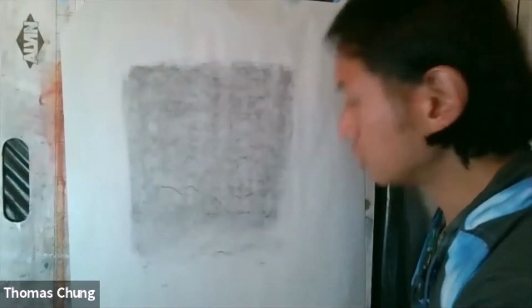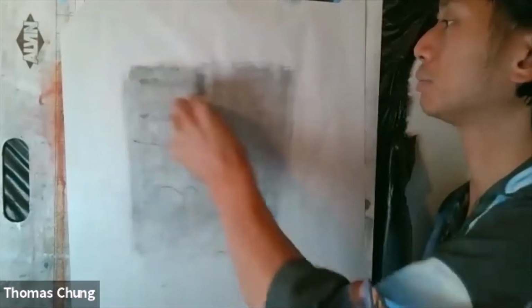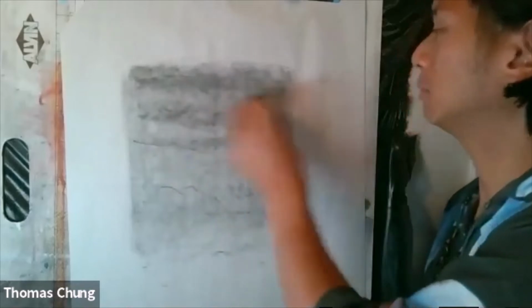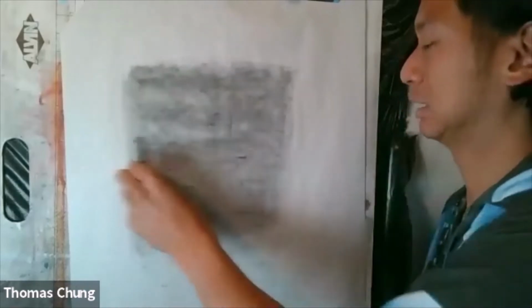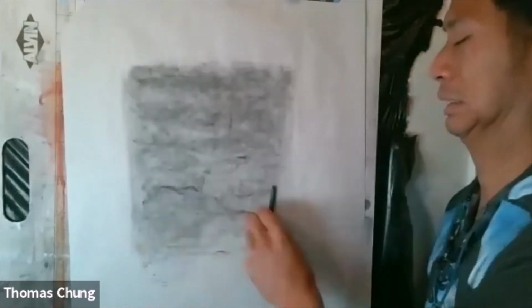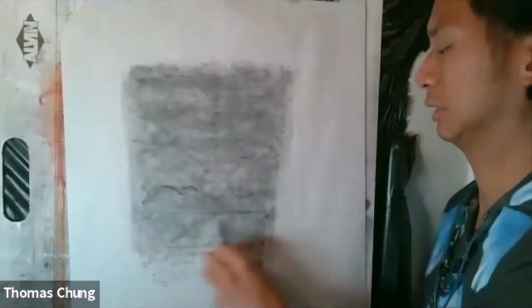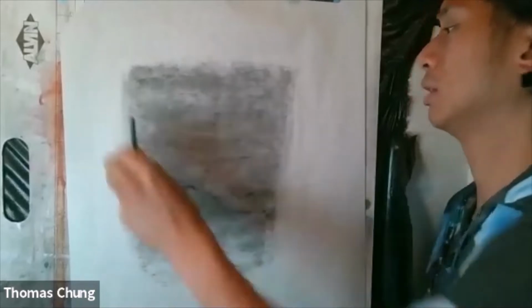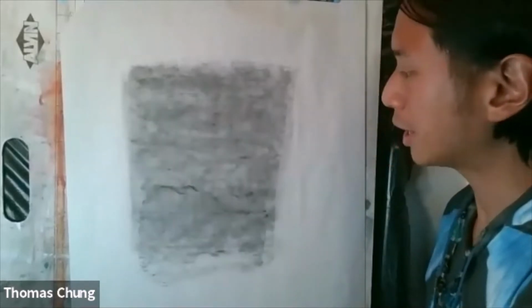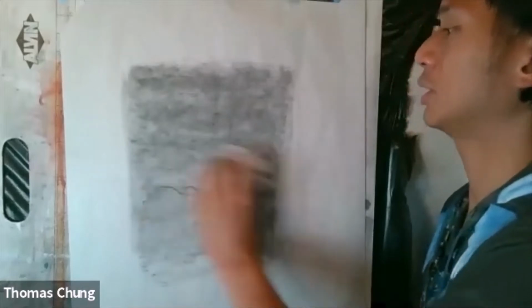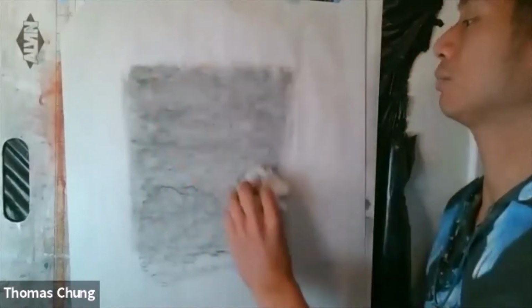And so what I'm going to do is apply one more coat of the soft charcoal. Okay. And then I'm going to use my paper towel to just work it into the page a little bit. And now I'm ready to start.